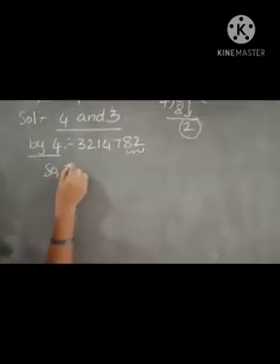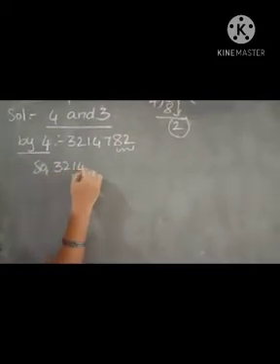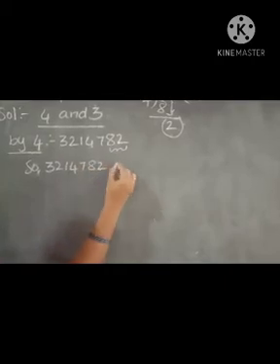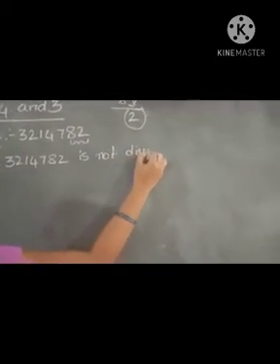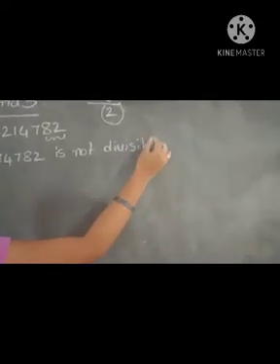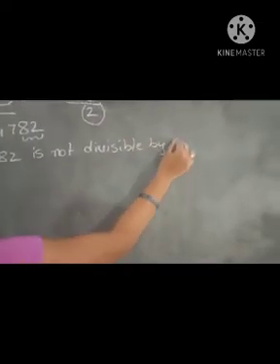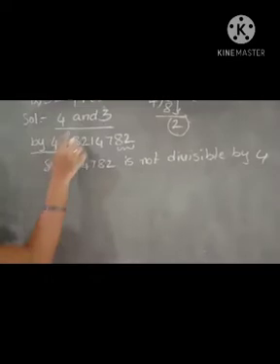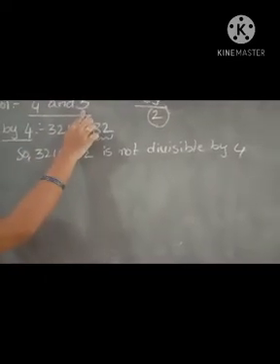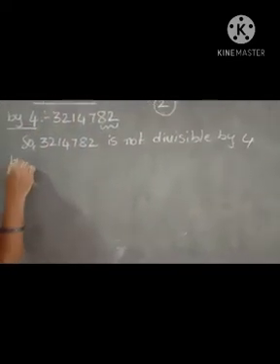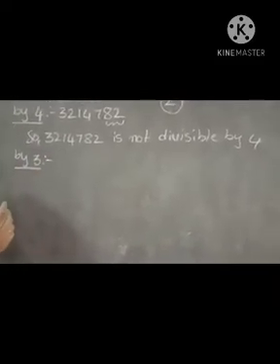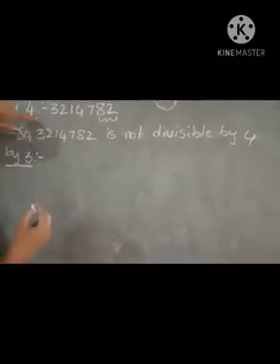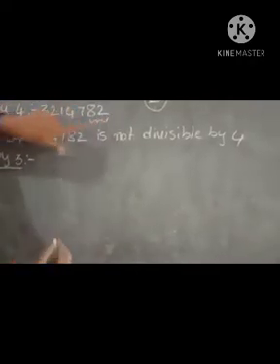So 3214782 is not divisible by 4. Again, which table do we have to check? By 3. What is the rule? Sum of its digits. Sum of its digits means we have to add all the digits.